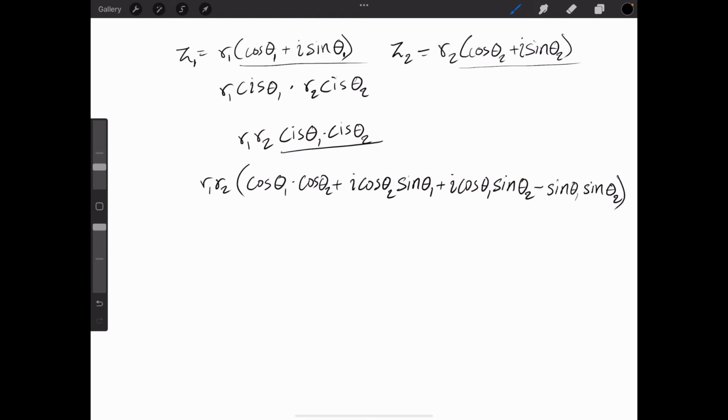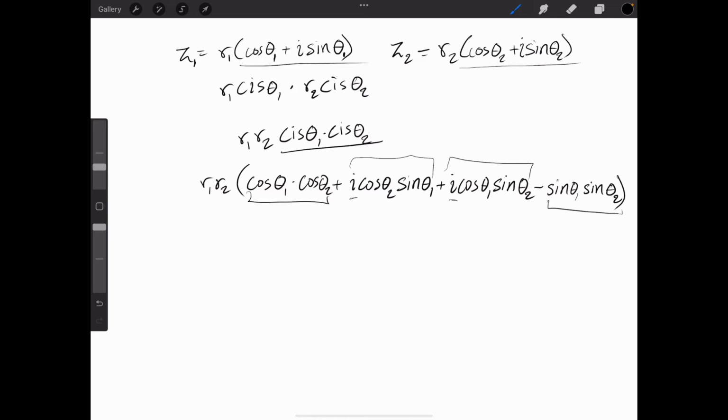So now let's simplify this, shall we? One thing we first notice is that two of these terms have I multiplied to them, so they're both imaginary parts. These two parts do not, so we can call them the real part.